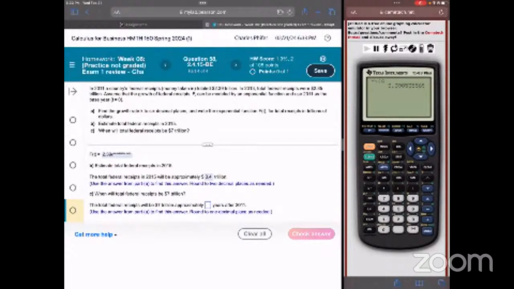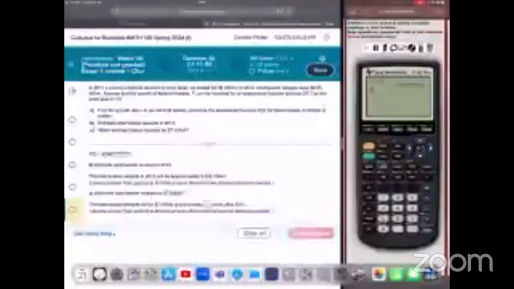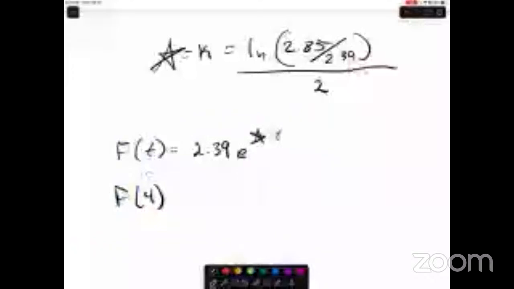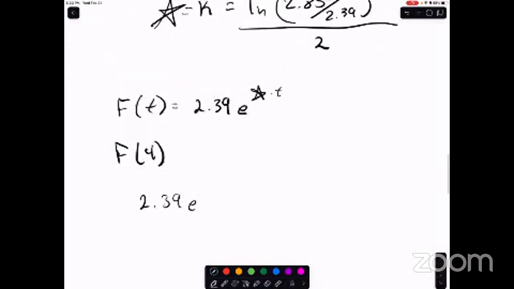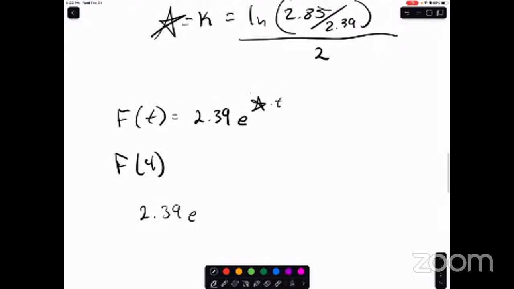Right here. So we're going to do 2.39 e to the 0.088013 times t. Let's see. And we want to set that equal to 7 and solve for t. Okay.